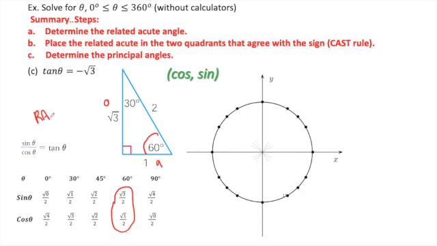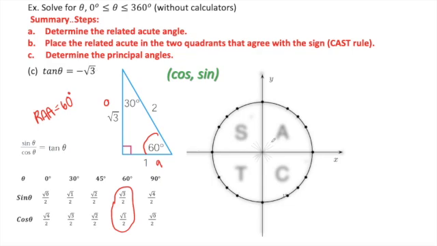So you know your related acute angle is going to be 60 degrees. So you either need to be able to do that double fraction division with sine divided by cos and see that, or just draw your special triangle and then it will help you with that as well. Okay, so we're going to figure out where negative is for tan.